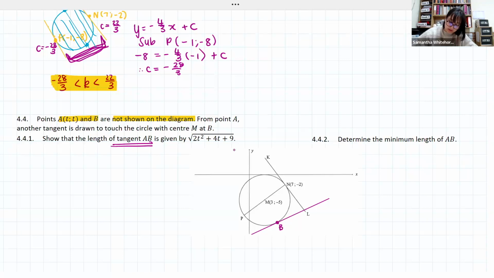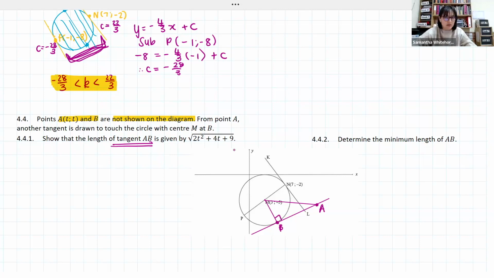Let's say, for example, A is there. Just remember that if you were to go and construct a triangle, there's a reason for this. I'm asking you for a length, but you have no information about the coordinates. Well, what you do potentially know is that you have a right angle between your tangent and your radius, because of your tangent perpendicular to radius theorem.